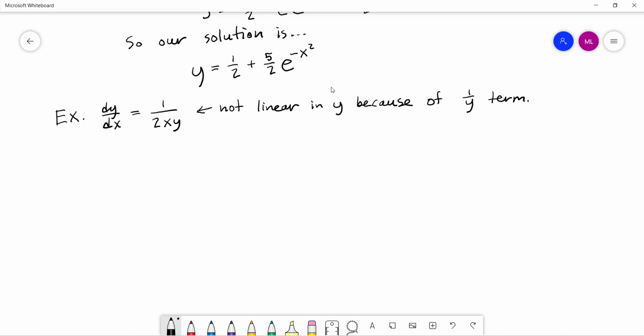Okay. However, what if instead of considering this problem, what if we consider the reciprocal? And what if instead of thinking of y as a function of x, we think of x as a function of y? There's nothing mathematically that disallows us from doing that.